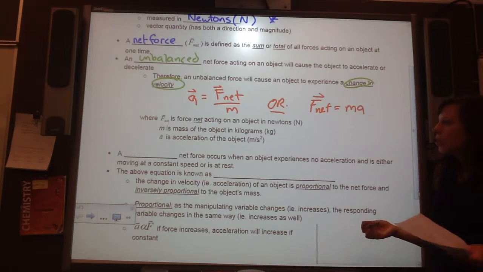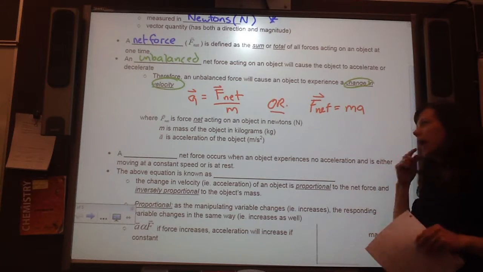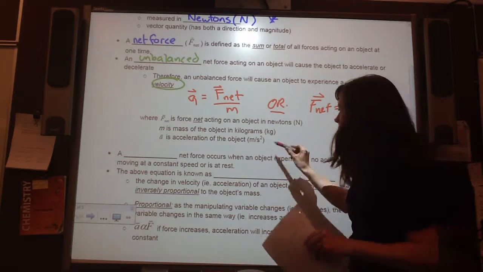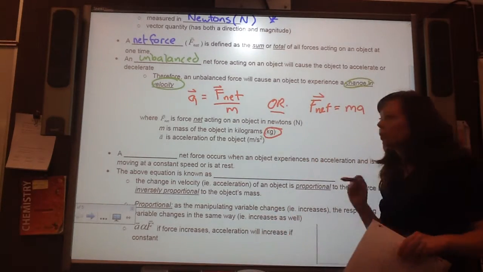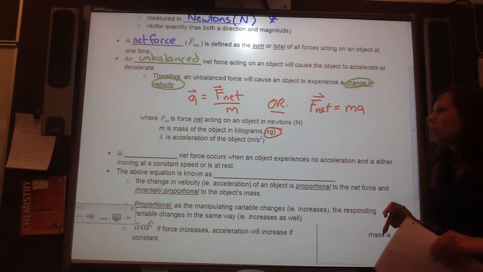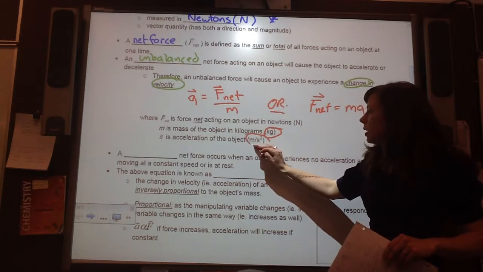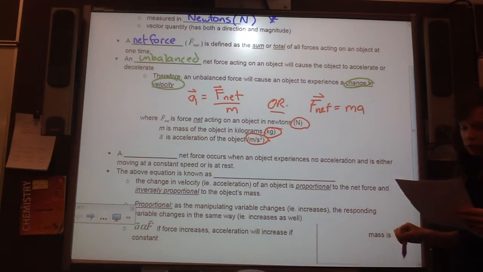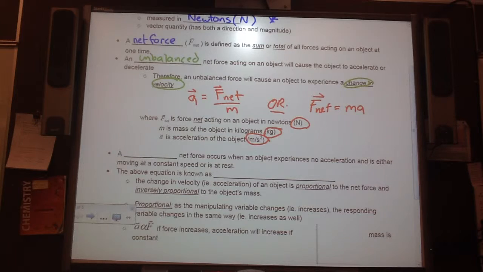In this equation, F net is the net force acting, m is the mass, and it's always in kilograms. Very important. If your question gives it to you in grams, you need to convert it. And a is in meters per second squared. Again, force is in newtons. Really important that you make sure you've got those down.